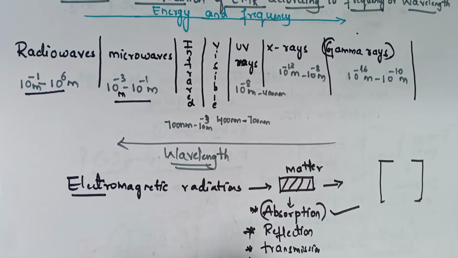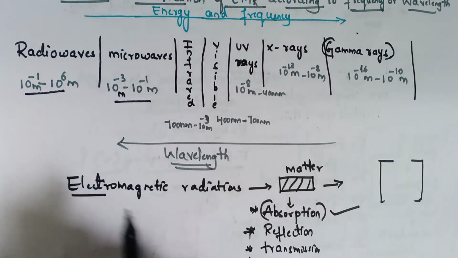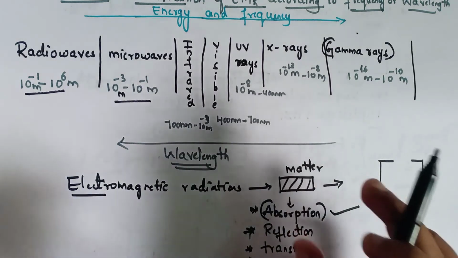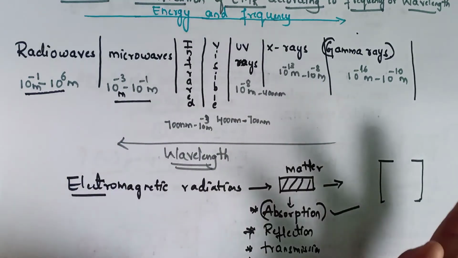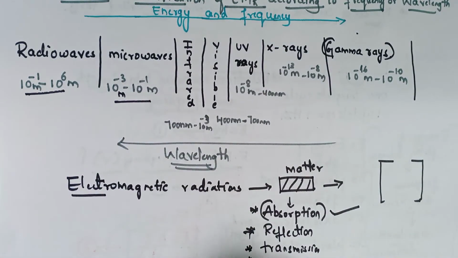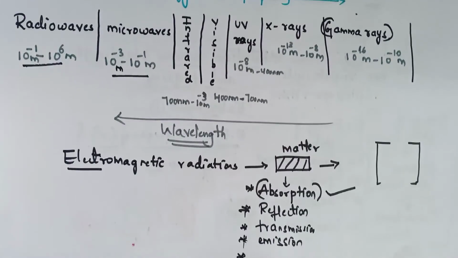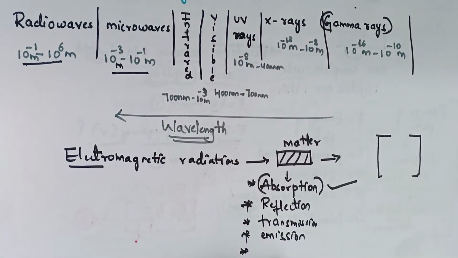Then it can emit light. When these electromagnetic radiations interact with the matter, they can emit light, so it is called emission. Then comes the last point. These electromagnetic radiations can also scatter the light, so it is called scattering.